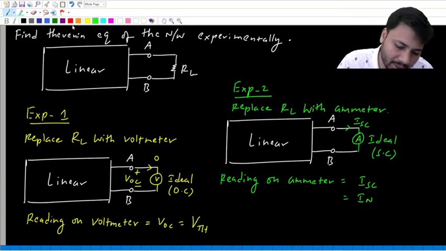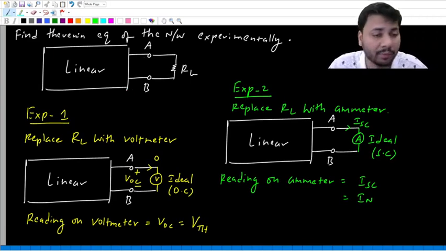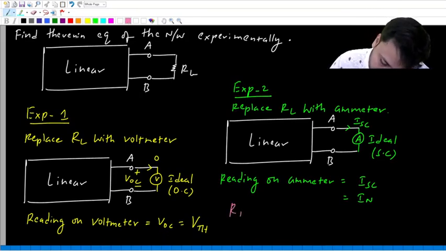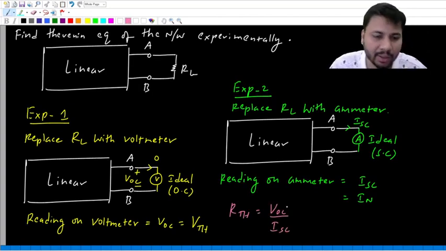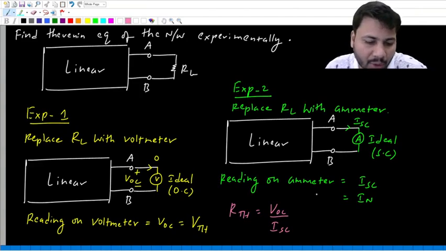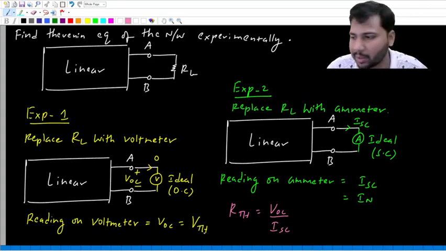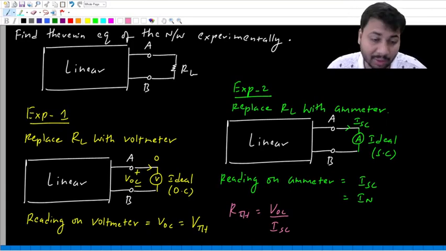What is our goal? It is to find the Thevenin equivalent. Finding the Thevenin equivalent means finding the values of VTH and RTH. Already VTH is the reading on the voltmeter. Now finally RTH, you know, is VOC by ISC. That is the reading on the voltmeter divided by the reading on the ammeter, which is the Thevenin resistance.